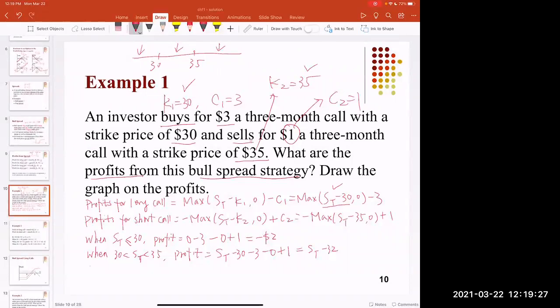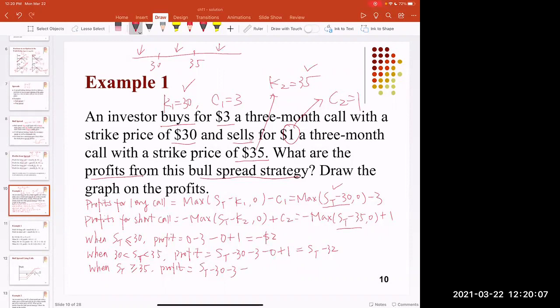Okay, and the last case, when the stock price is greater than or equal to 35. For the long call, ST minus 30, because ST is greater than 35, so ST minus 30 is still positive, right? So we take the positive value, ST minus 30, and then minus 3. For the short call, ST is greater than 35, so ST minus 35 is positive, right? So we take this number.